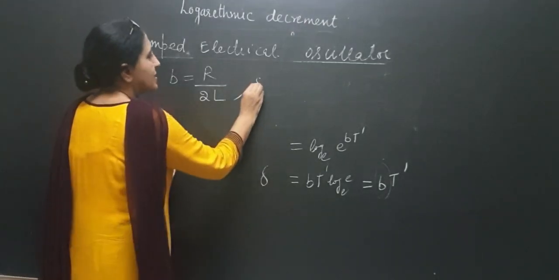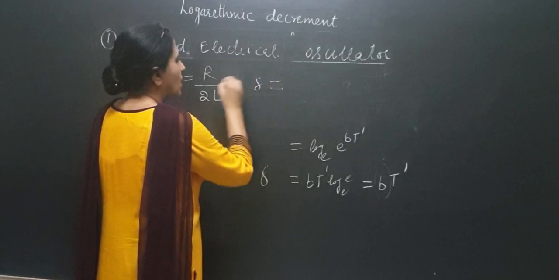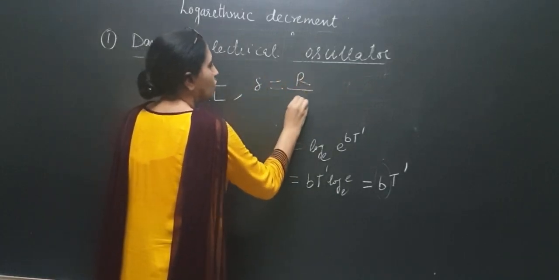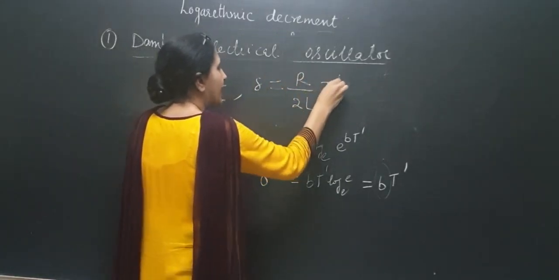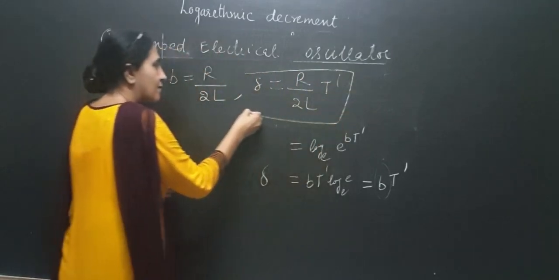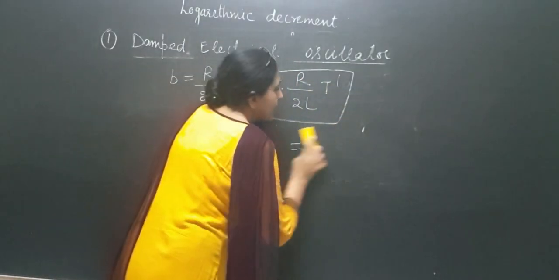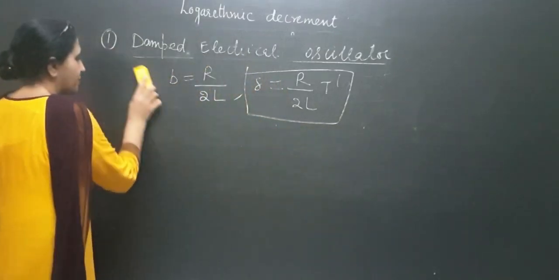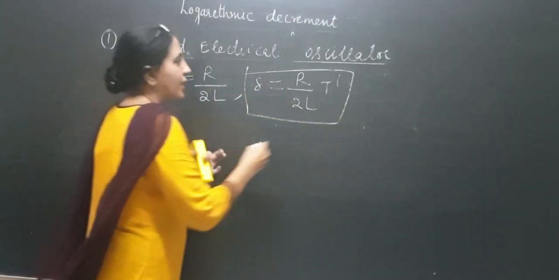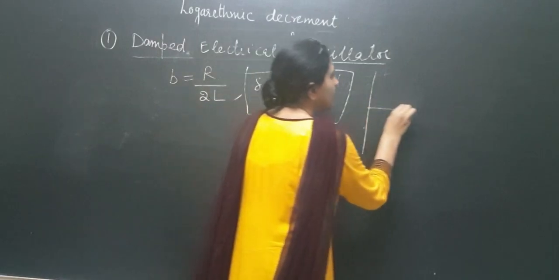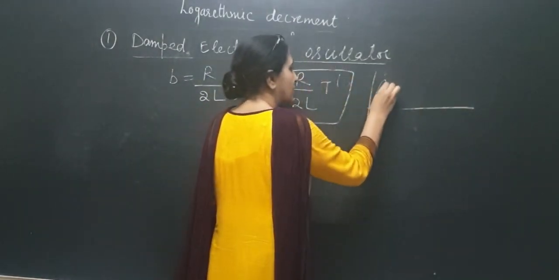So this implies delta is equal to R by 2L into T' in the case of an electrical oscillator.